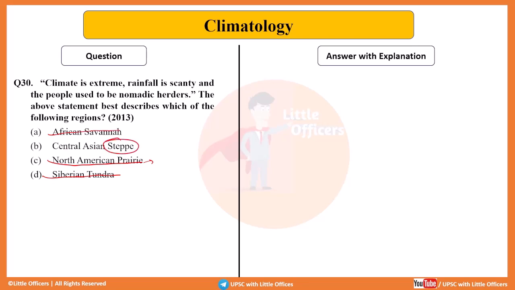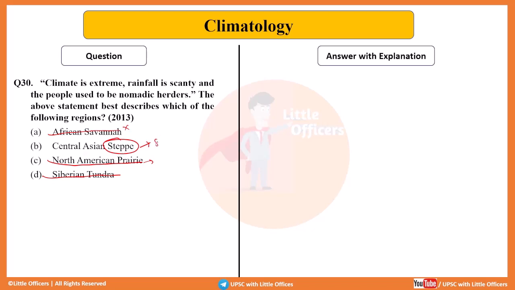Steppes will have a more extreme climate than the savannas. And yes, in steppes you have nomadic herders, like the regions of Mongolia and other locations. Nomadic herders can also be seen in savanna, but the climate is not as extreme as what you see in Central Asian steppes.